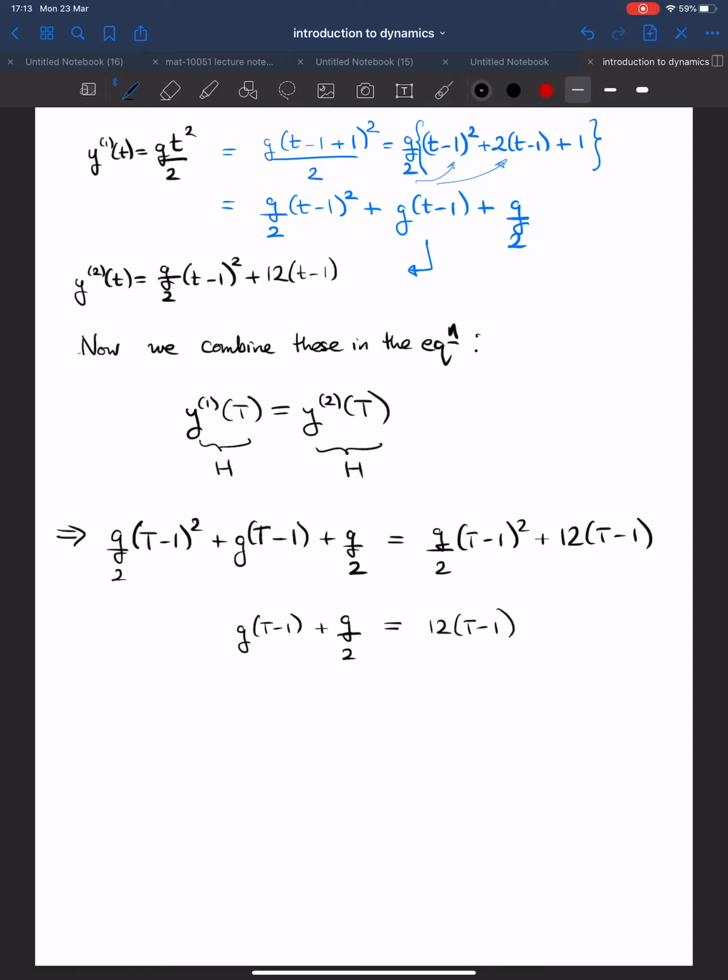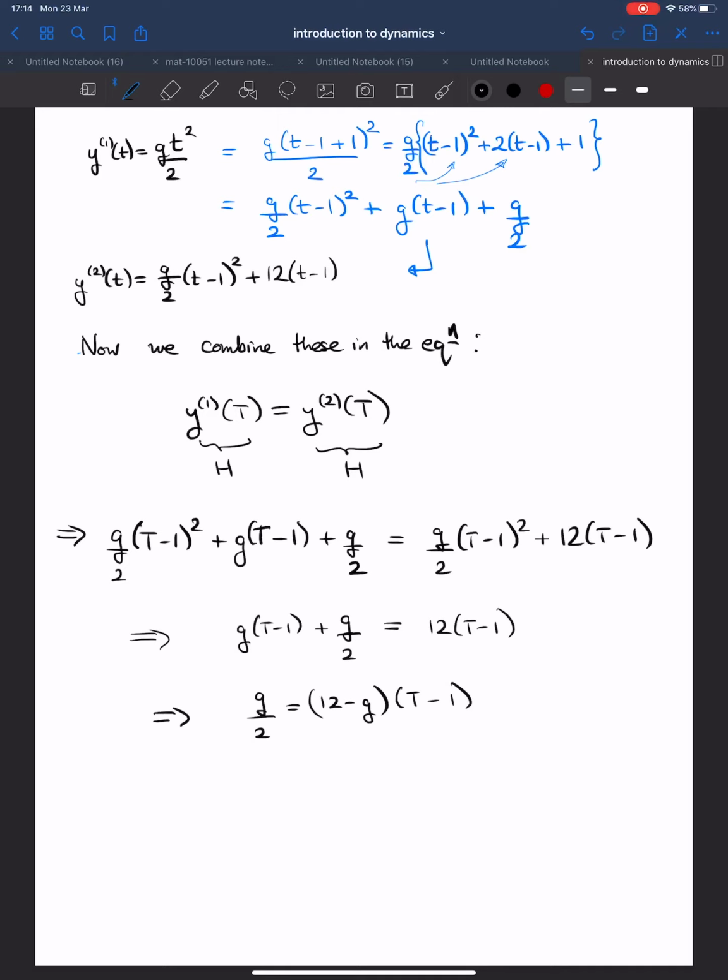So now you can see I can gather things on one side, which is really nice. So I have g over 2. I have the factor with T minus 1 on the left combines with 1 on the right to give me 12 minus g. As you can see, this is messy calculation. Okay, so what about this?